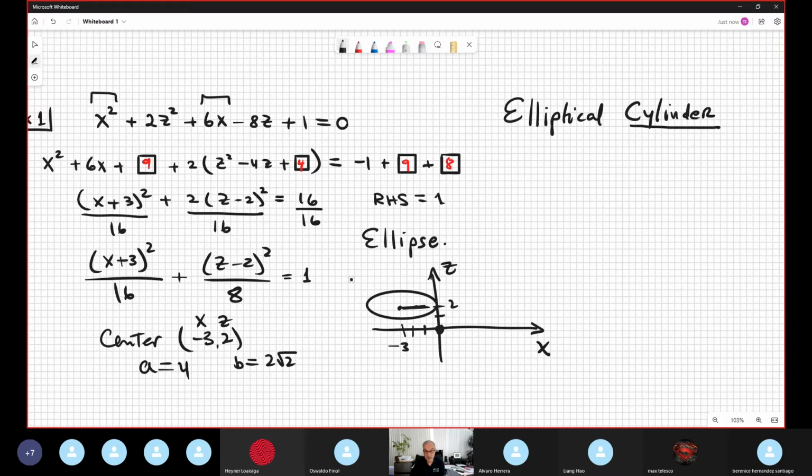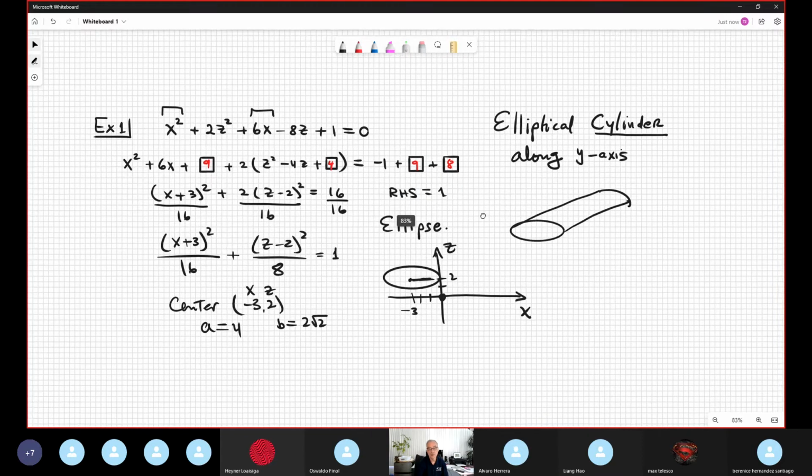We have parabolic cylinder, circular cylinder, but in this case, elliptical cylinder. Ajá. Que the center is located at the point negative 3, 2. A is 4, B is 2 radical 2. Y is along the y-axis. Do you follow me or no?